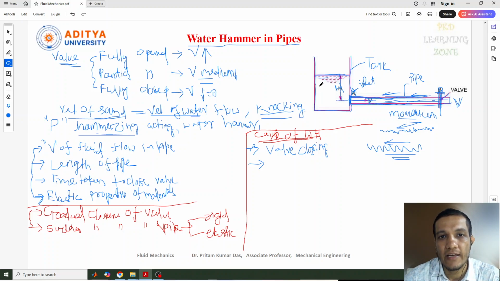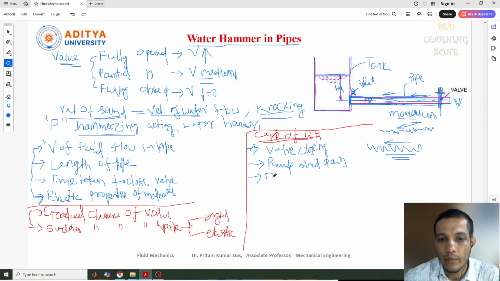Many conditions or possibilities are there where the water is flowing with the help of a pump and some other accessories also. Suppose the water is flowing through the pump and the pump is shut down suddenly. So one more reason: pump shut down. Next point I can say, if there is a change in the direction of the fluid flow.